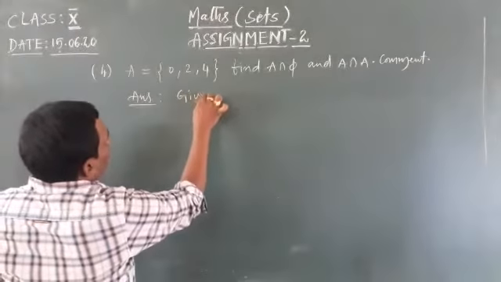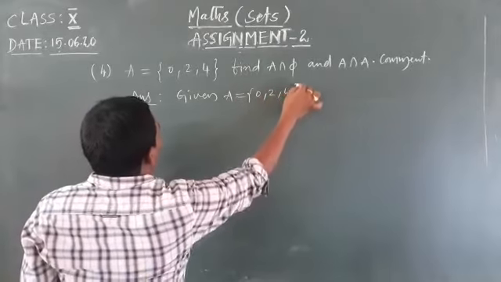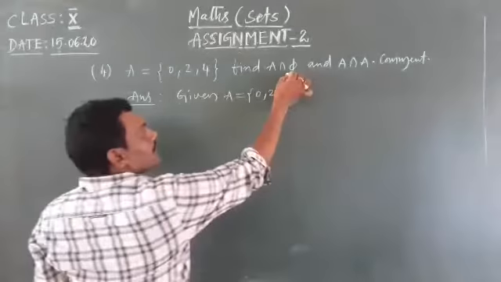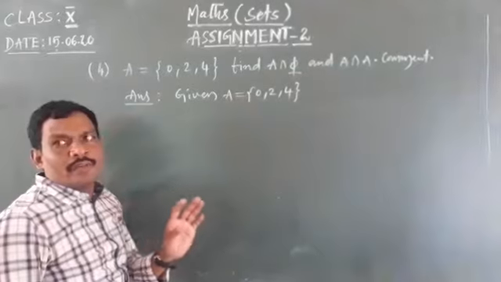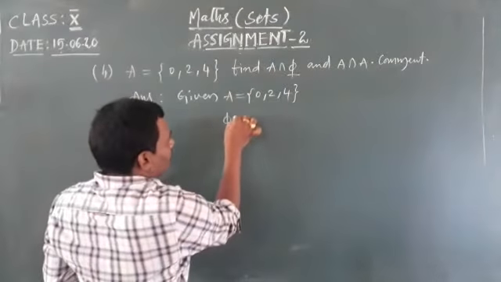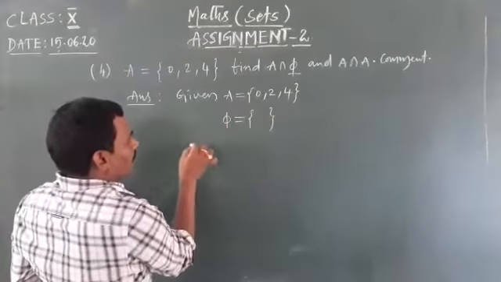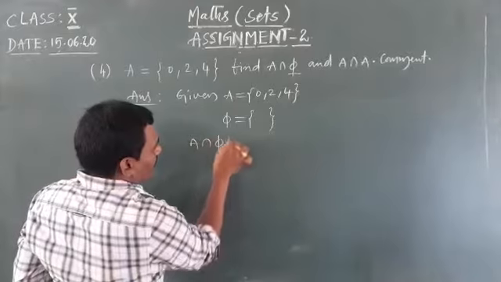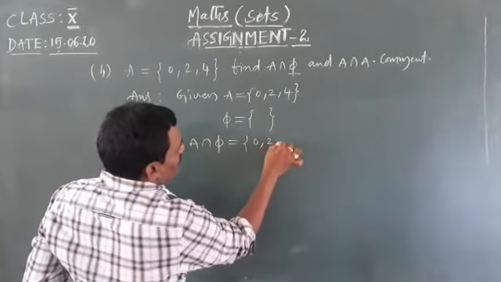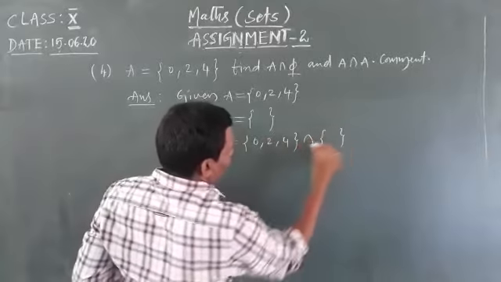So the answer. Given A is equal to {0 to 4}. The null set has no elements. First, A intersection phi is equal to {0 to 4} intersection the null set.